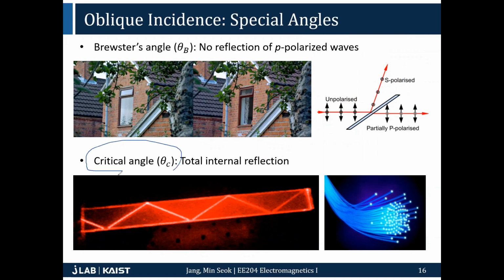And the usage of the critical angle is very famous. You probably heard about the optical fiber, right? So when you shine light, and this is n larger than 1, and outside is n equals 1, after a certain angle you have total internal reflection. So no light is going out, no energy is going out, and it only passes through the waveguide.